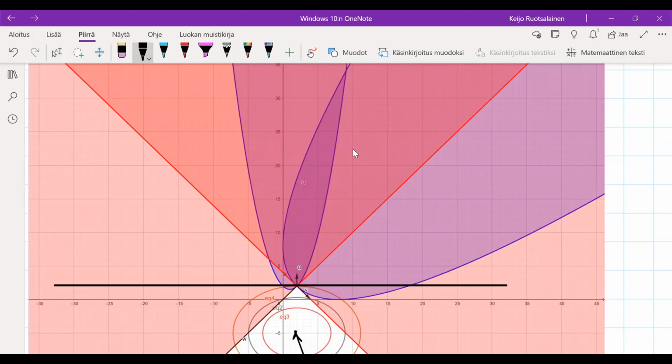And then at the point with coordinates 2 and 2, I have drawn the black line, which defines the cone of improving directions.